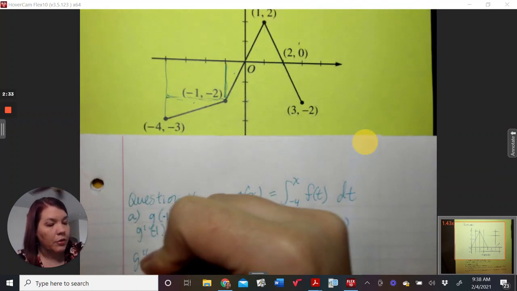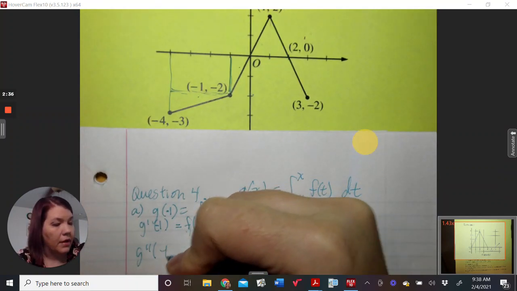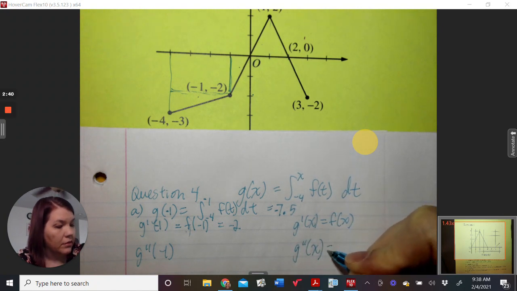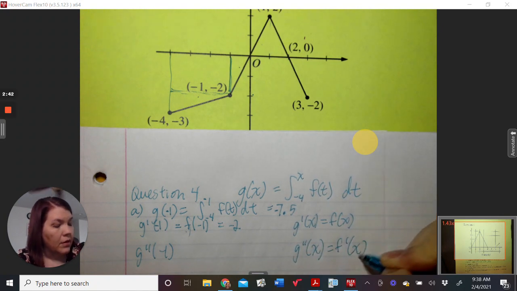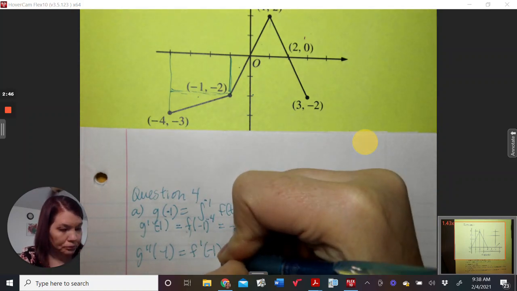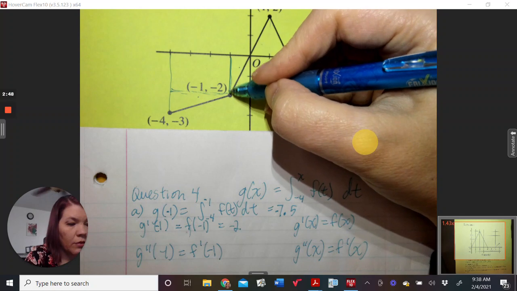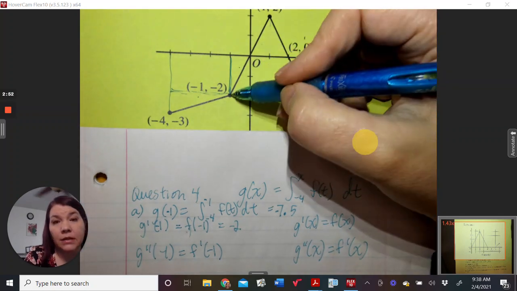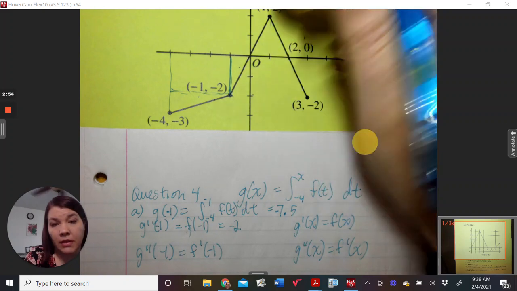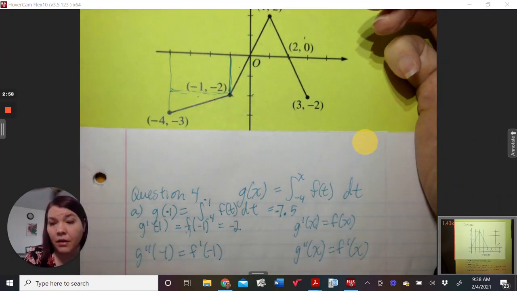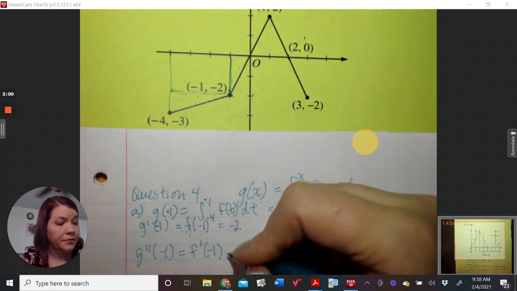G double prime of -1 will equal the second derivative. So we're looking for f prime of -1, and that means the slope at -1. Now the slope at -1 is undefined. The slope on this side of it is 2, and the slope over here is 1/3, and so the slope is undefined.